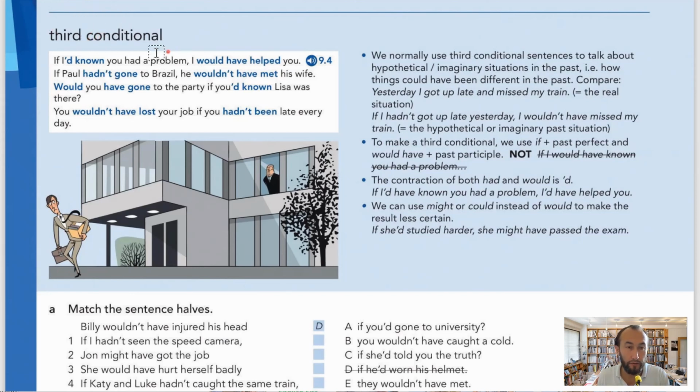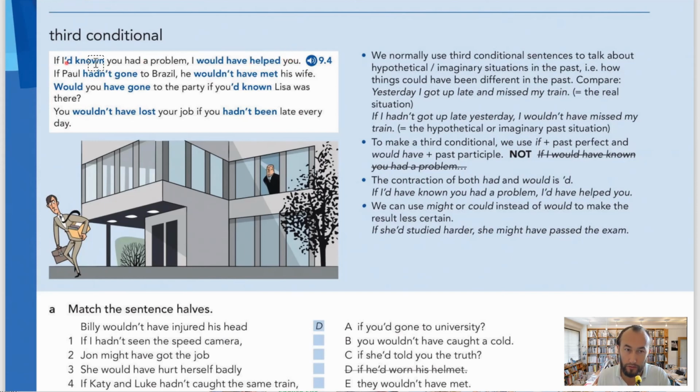If you would like to recognize what third conditional is, you should know that conditional sentences have got two parts. We call it the if part, or we also say if clause. And then we have got a main part or result part, or main clause, we call it, guys.